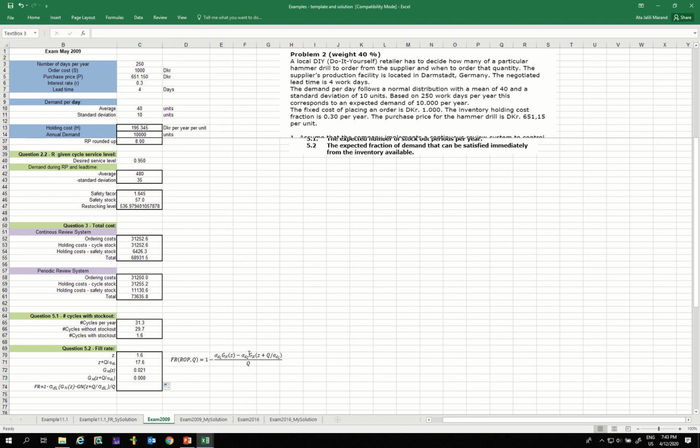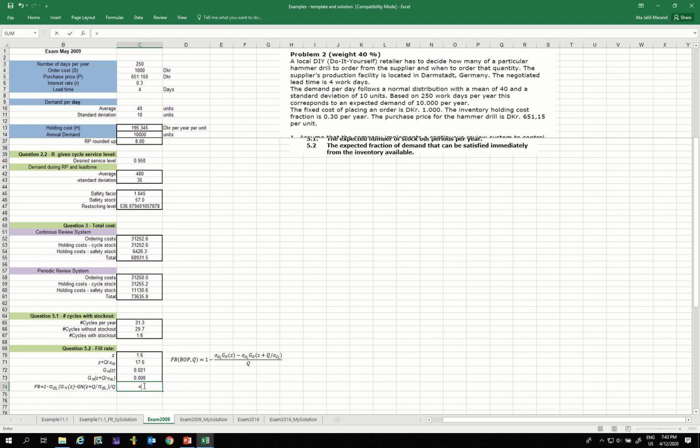So that's why we said that we can approximate this formula for the realized fill rate by ignoring the second expression in the numerator, because for sufficiently large Q's it will be very close to 0 and it can be ignored in the calculations. I put it here so you can see that it is in fact 0 here.